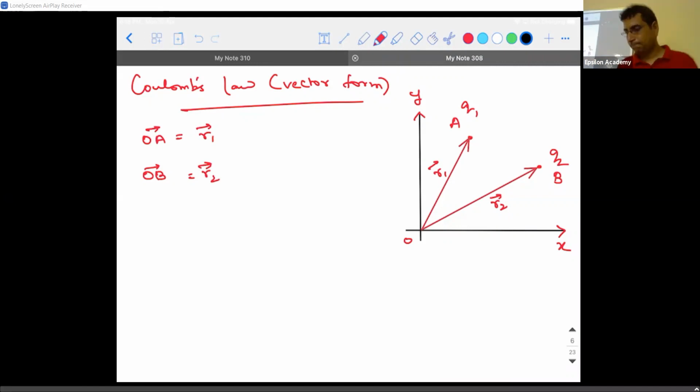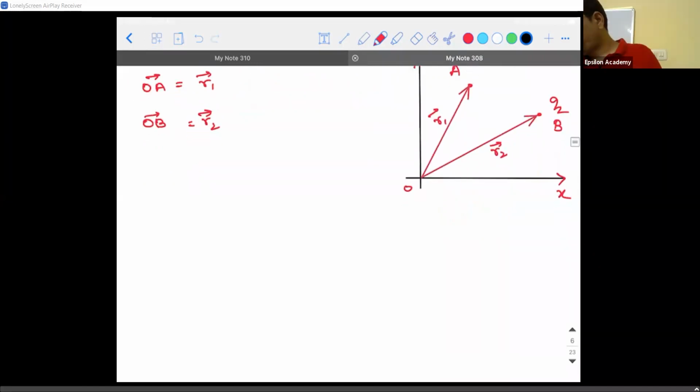Right? Now, if I want to find what is AB vector. AB vector means, what is it forming? OAB forms a triangle.